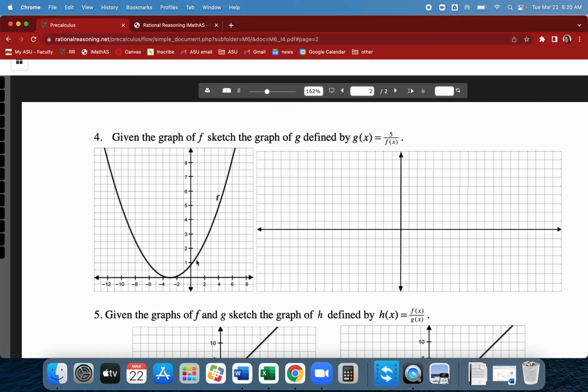And so I could say, if I'm approaching -3, whether from the right or from the left, either one of those, I'm headed towards positive infinity, or my values are increasing without bound. Oops, I didn't write the g of x in there.